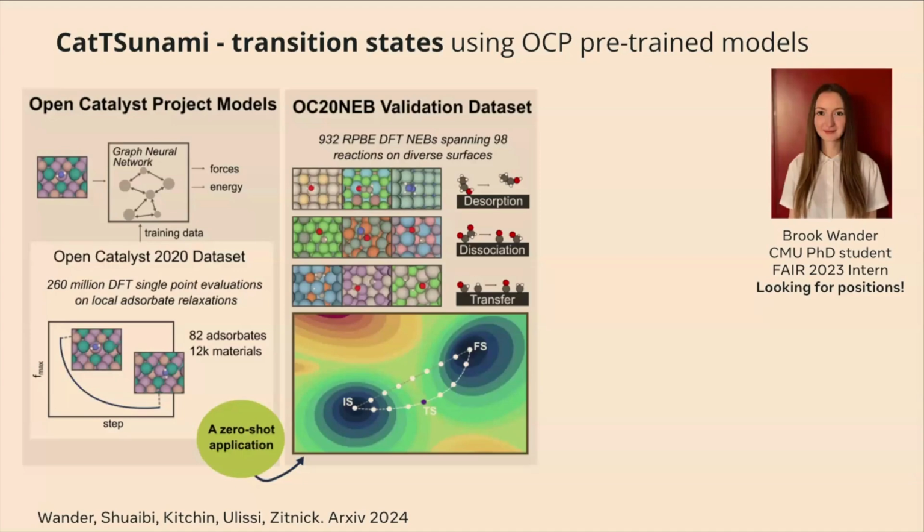The very first thing Brooke did was sit down with Mohammed, who's also here, and ask what data set we would build to validate whether or not this is going to work at all. So before adding any training data, let's make 1,000 random transition state calculations across all sorts of crazy surfaces and use that as a baseline to see if a model is going to work.